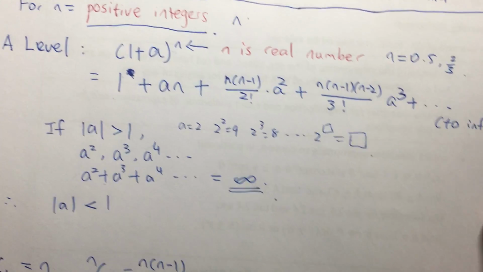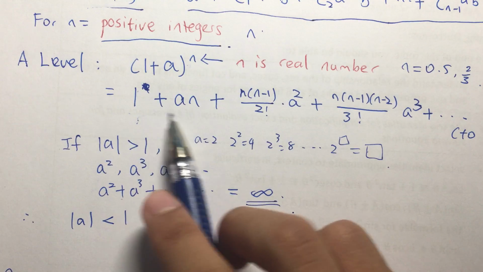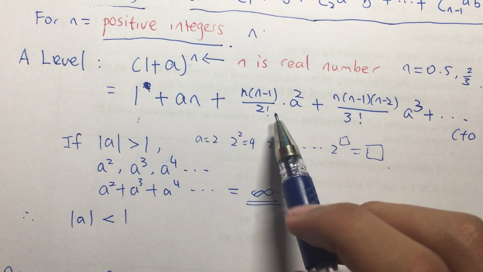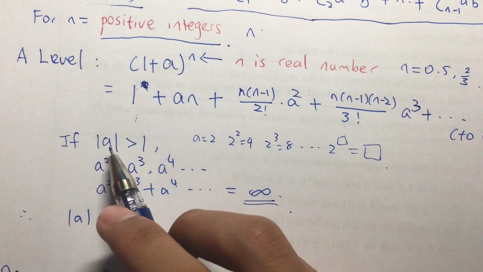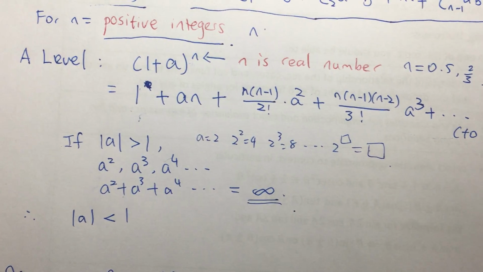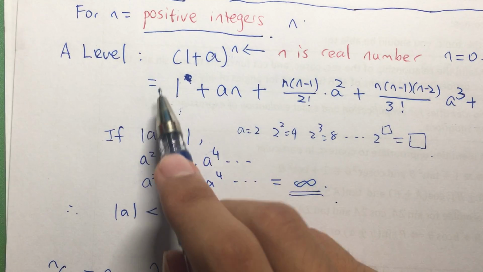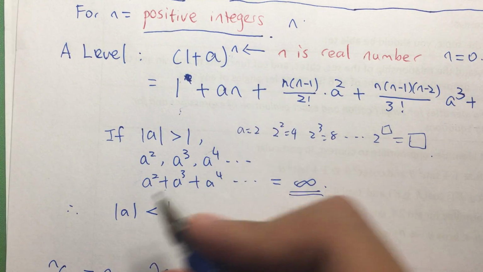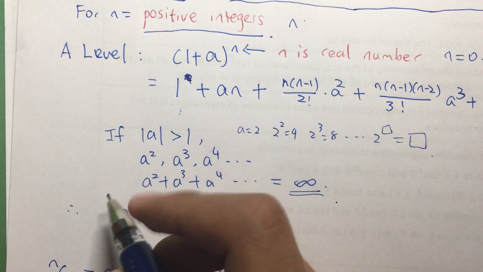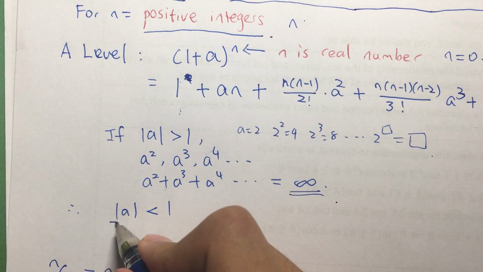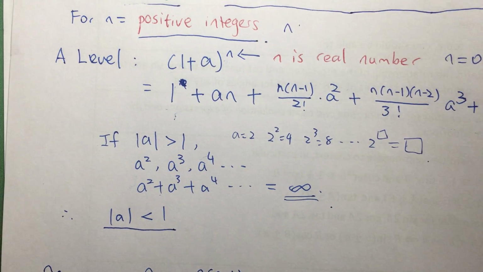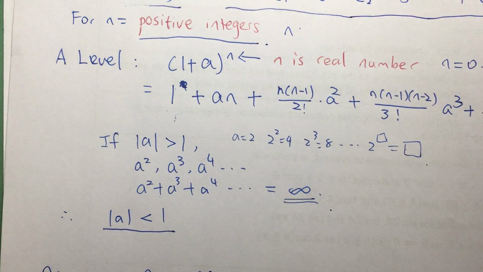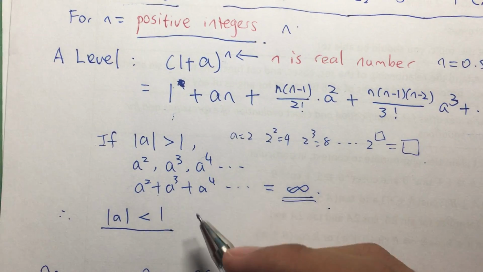So you can't really solve for the value anymore if the absolute value of a is greater than 1. Which means that if we want to apply this formula, we need another range for a, which is that the absolute value of a is smaller than 1. So that is the extra thing you need to know.